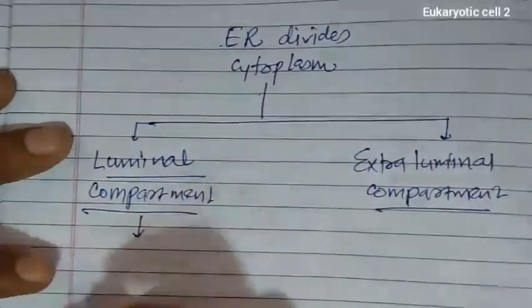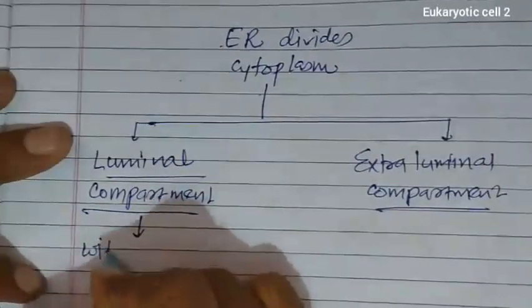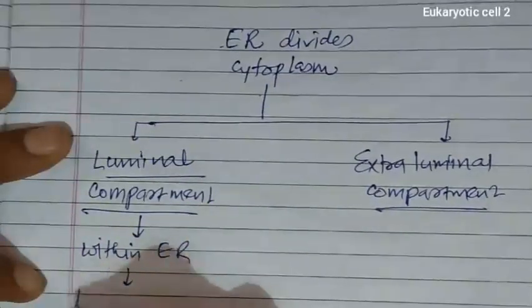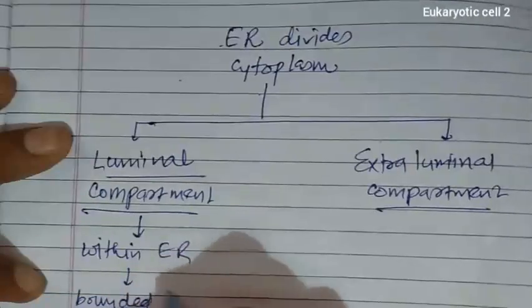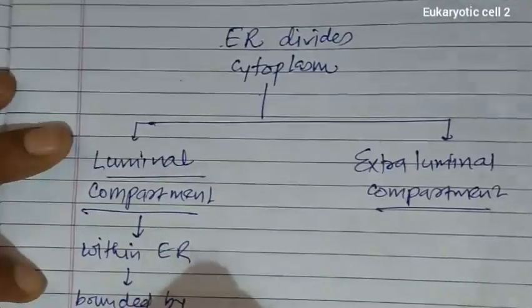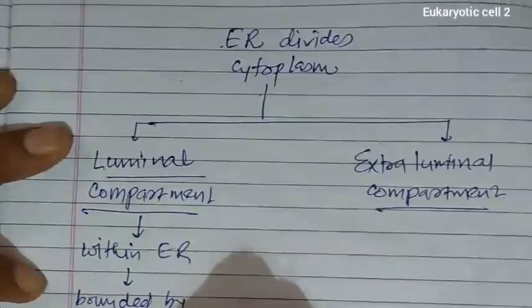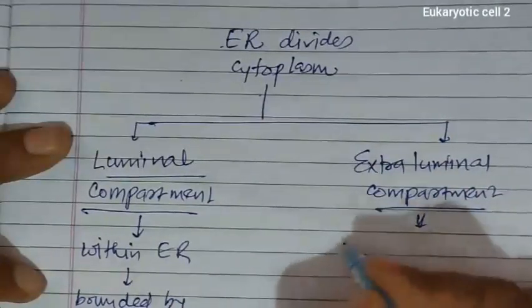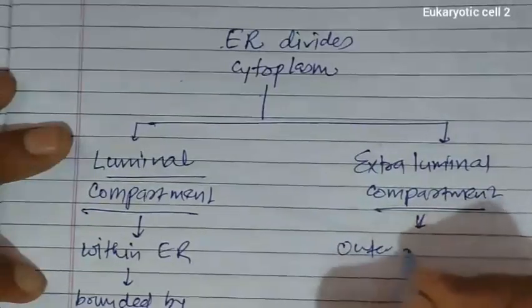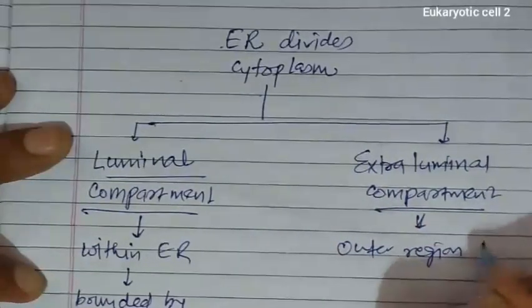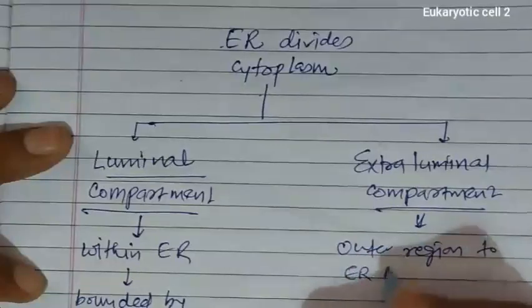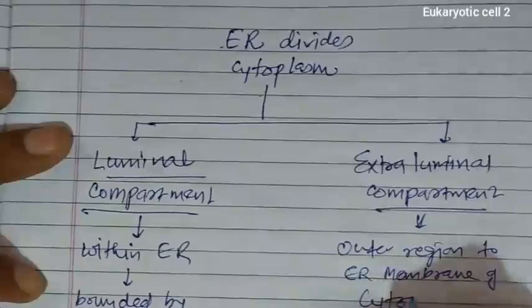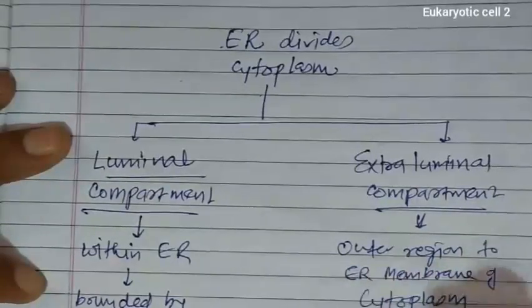Now, luminal compartment is within ER and it is bounded by ER membrane, that is luminal compartment, and extraluminal compartment is the region outside the ER membrane, of cytoplasm.